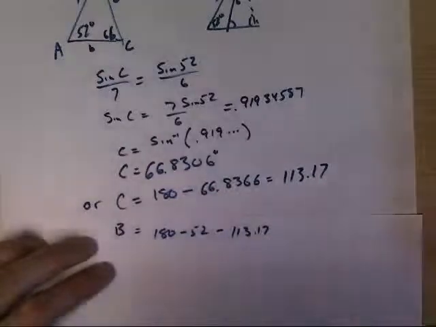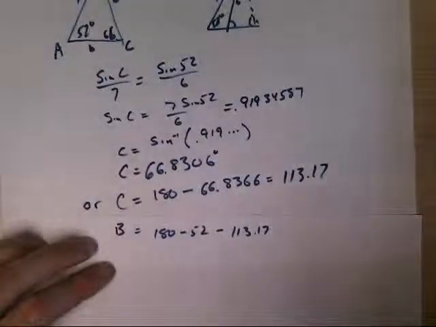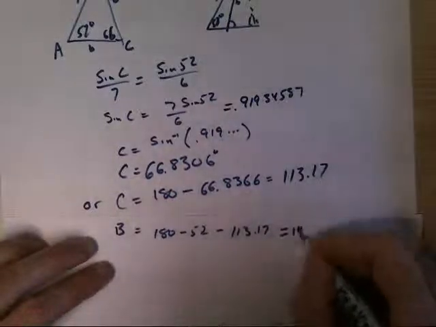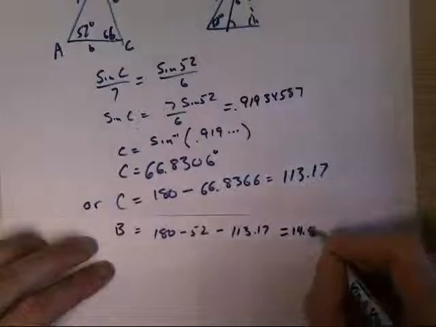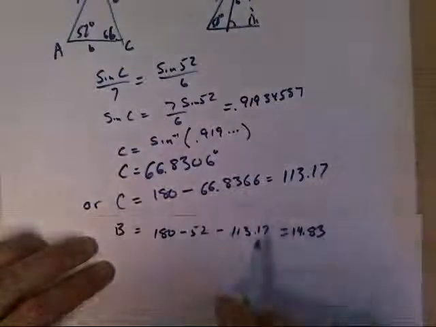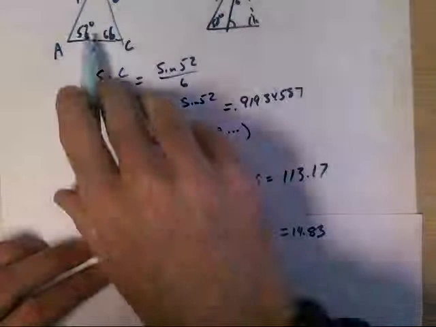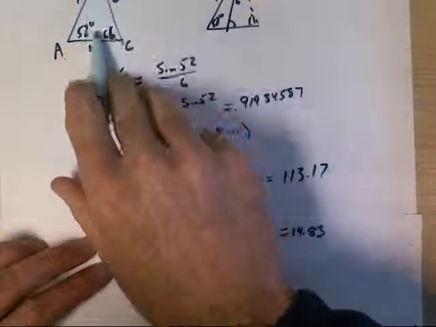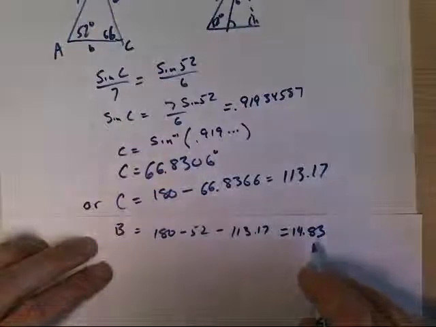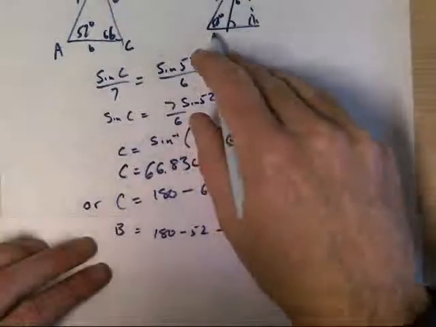So angle B is going to be really pretty small here. And so B turns out to be 14.83. And in this case, it's the smallest angle. Here we had 61 in between those two, but this 14 is definitely the smallest angle, and so that's going to be that side.